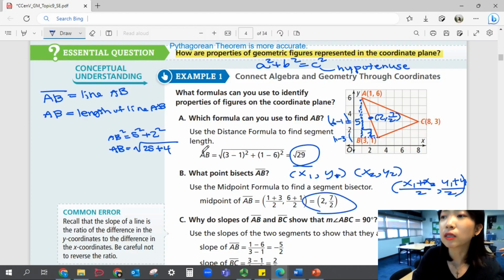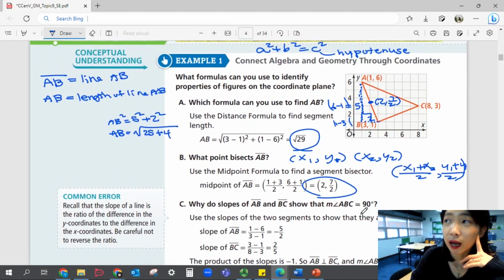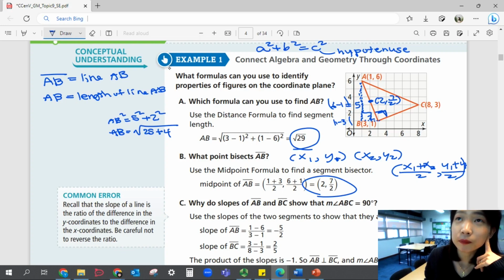All right, part C, why do the slopes of line AB and BC show that the measure of angle ABC is 90 degrees? So first of all, do you remember the equation of the slope? We want to find the slope of line AB and line BC. And we want to see if this is a right angle or not, okay?